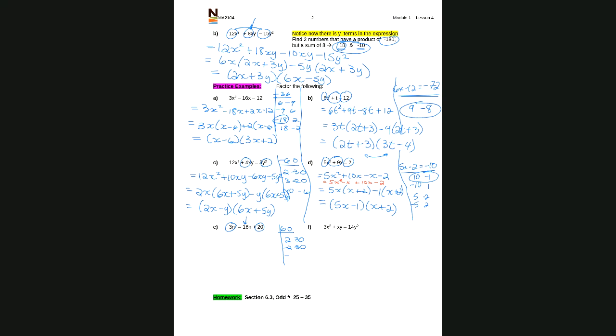So I'll just list all the negatives. Okay, so they have to add to negative 16, which are negative 6 and negative 10.